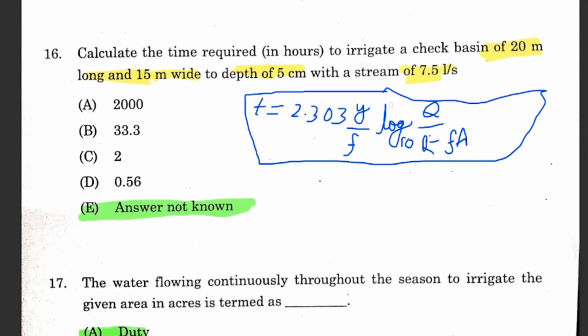First of all we will calculate the value of f, and then by using this formula we can solve and we will get the answer, not matching here. So option number E is correct.